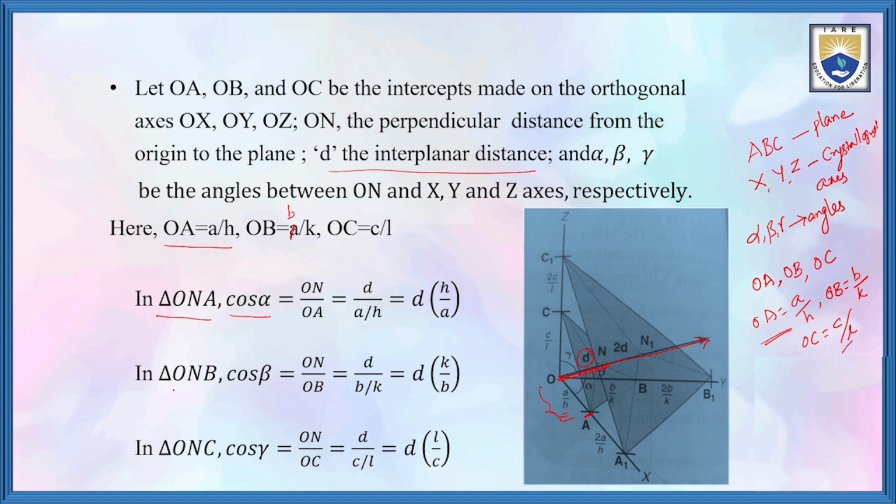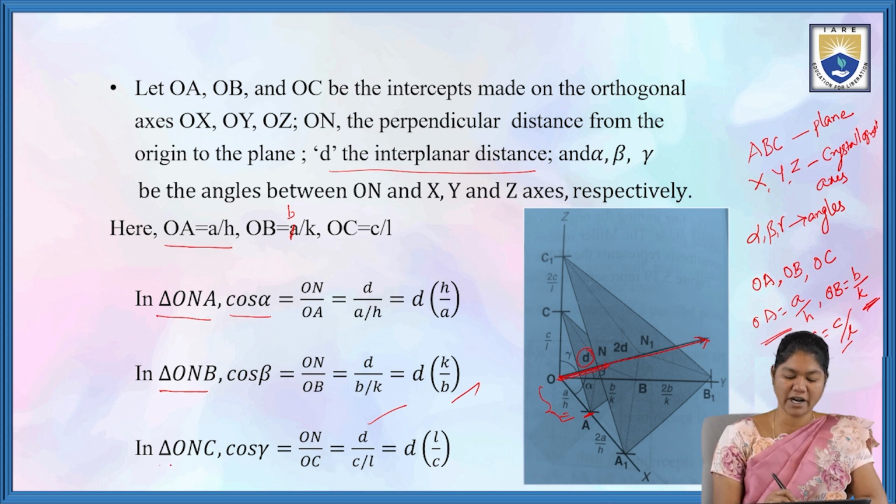Next, taking triangle ONB, cos beta is equal to ON by OB, that is d by b by k, which is equal to d into k by b.